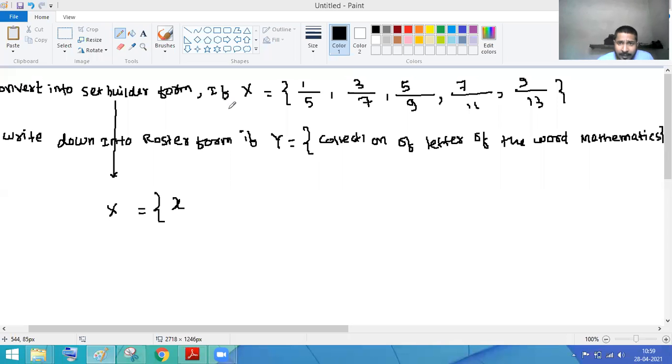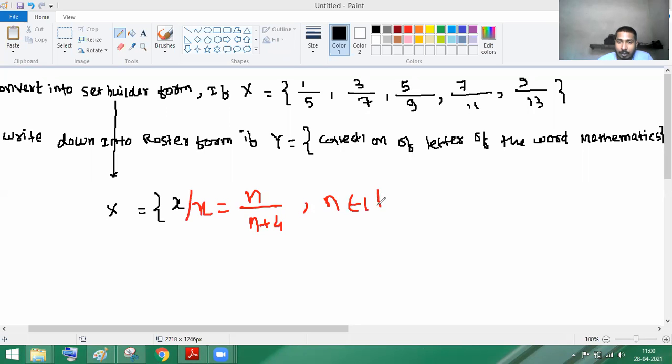Can you repeat this again? You are saying x equal to n upon n plus 4, where n is a natural number and n is less than or equal to 9.